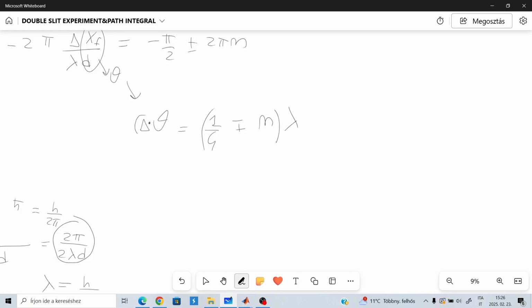So you have the distance between the slits multiplied by the angle that we defined earlier, equal to some integer, and I will explain in a moment why we also have this term 1 over 4, but n is an integer, and then we multiply that by the wavelength associated with the particle. But the maxima usually are written in this form. If you check books, you have something like plus or minus n lambda without the term 1 over 4.